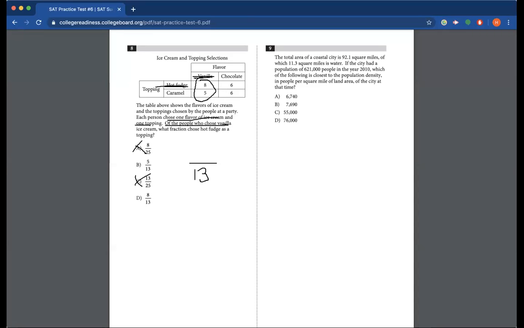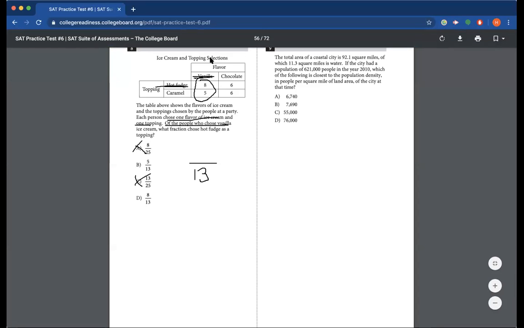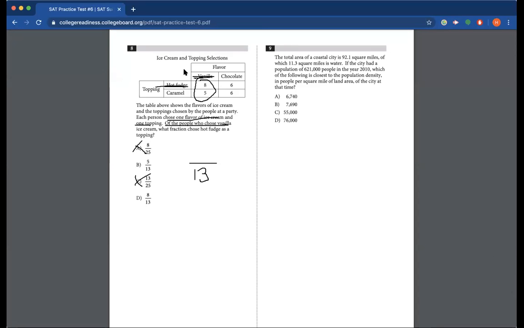Do you get that? Okay. So then hot fudge is 8, right? Because we have the hot fudge users. Basically, we're gonna do hot fudge, and we're dividing it by all the vanilla users.